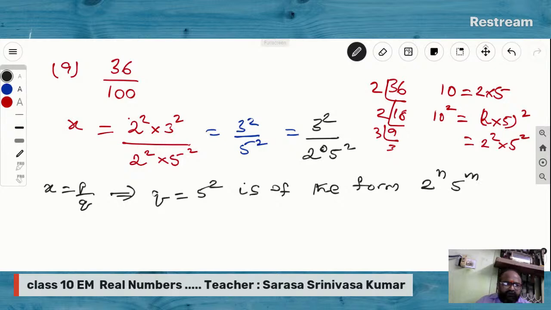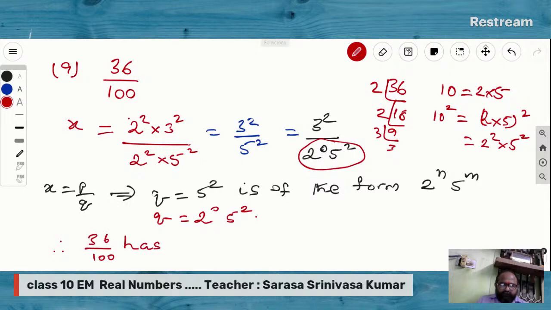Why? Because we can express 5 square as, so Q equal to 2 power 0 5 square. Therefore 36 by 100 has a terminating decimal form.